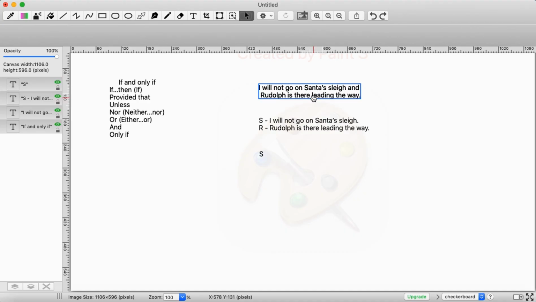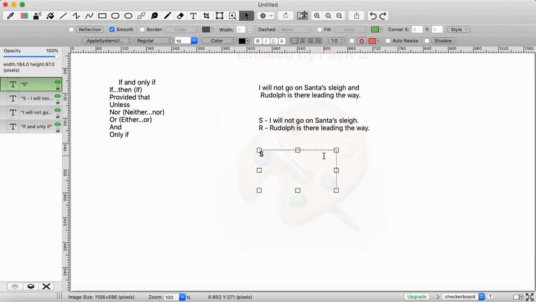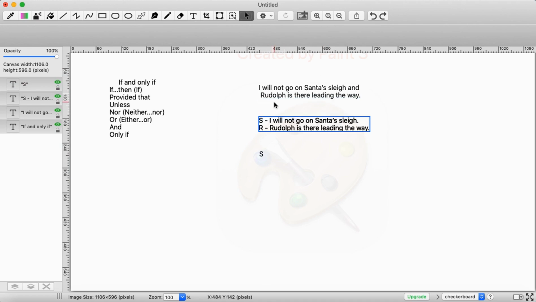For the NOR, both of these have to be false for the thing to be correct. For AND, both of these have to be true for the thing to be correct. So that's a good way to make a connection.